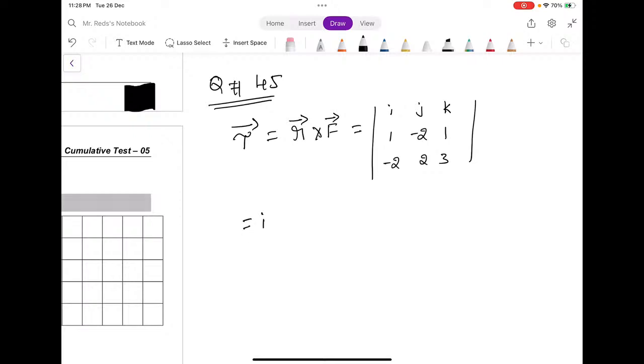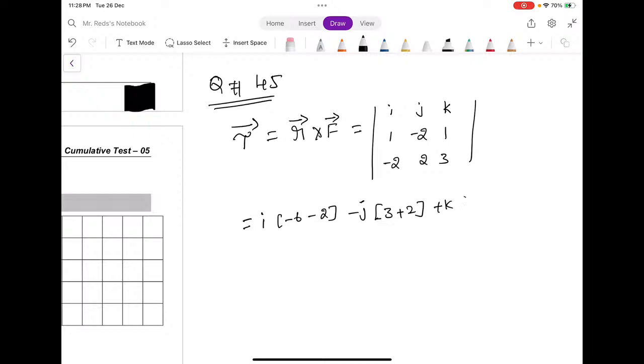you can take i into, if you close the first column while taking the i component, then take the diagonals. So minus 2 into 3, minus 6, minus 2 into 1 is 2, so minus 8. Minus j into, you have to take negative sign for the second term always. If you close the column which is having j, you will get 1 into 3 is 3, minus 2 into 1 is minus 2, so 5, minus 5j.